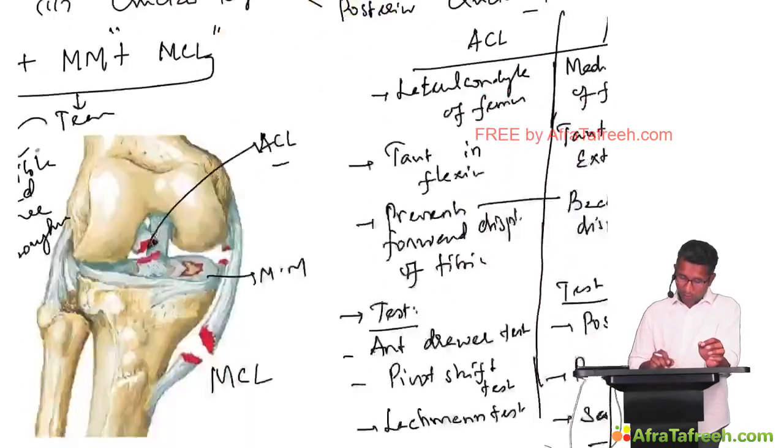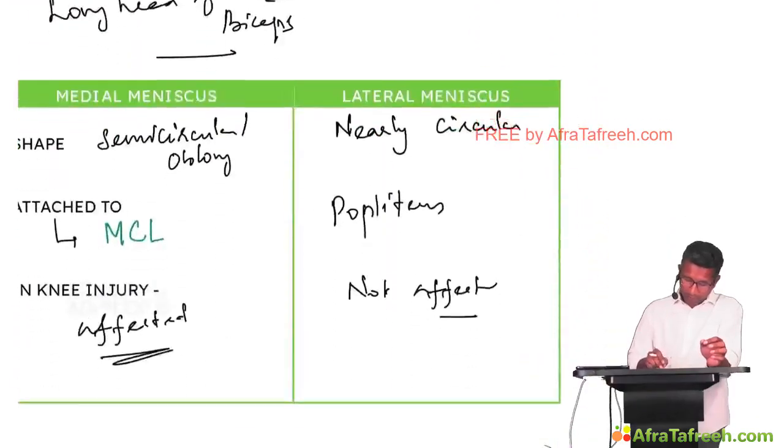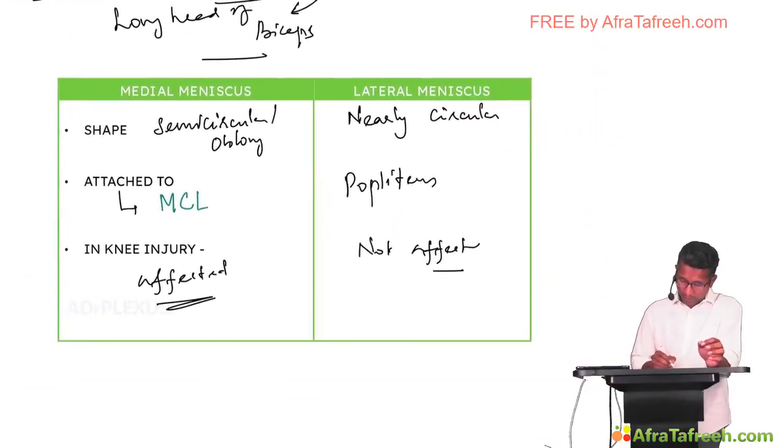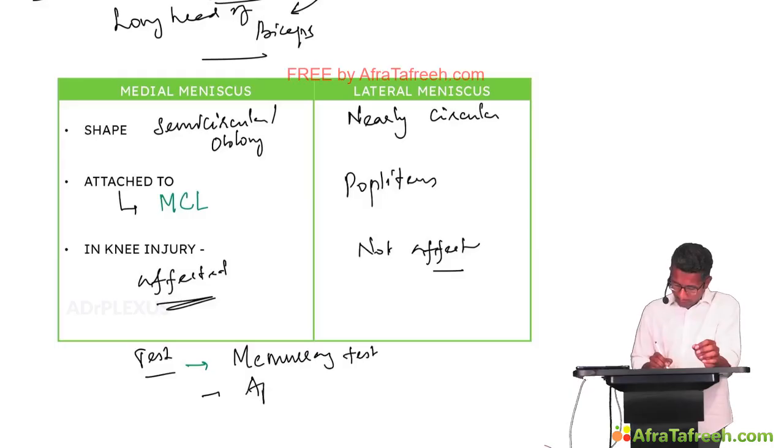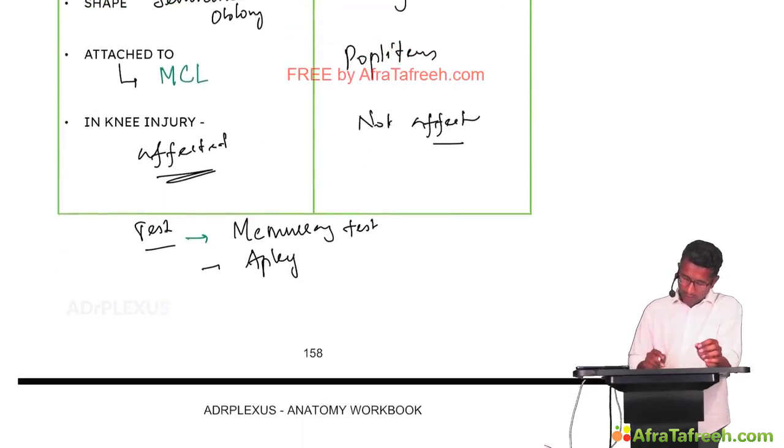I want to emphasize one more point here. Whenever there is a meniscal injury, you can do certain tests to find out the meniscal injury. One such test is called the McMurray test. Then there is a test called Apley's grinding test.